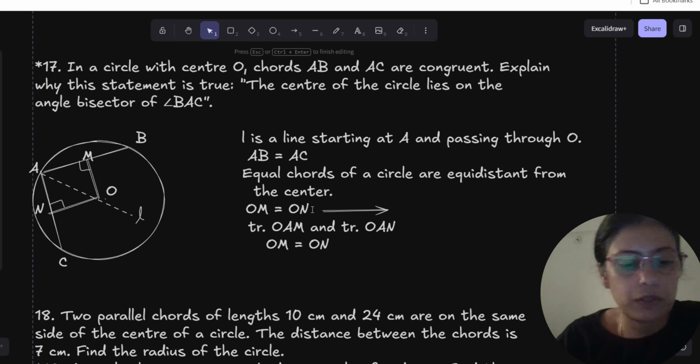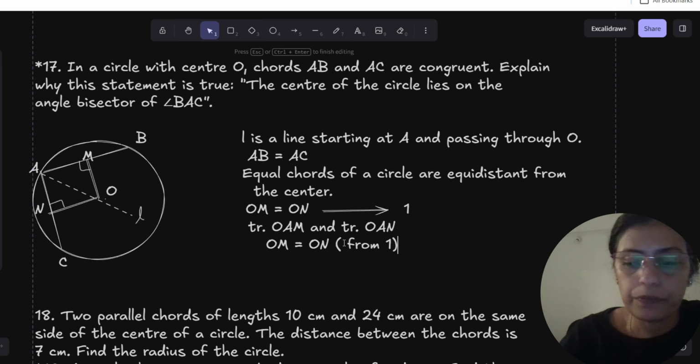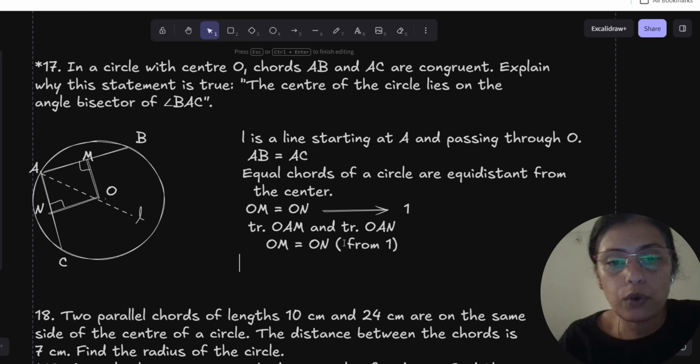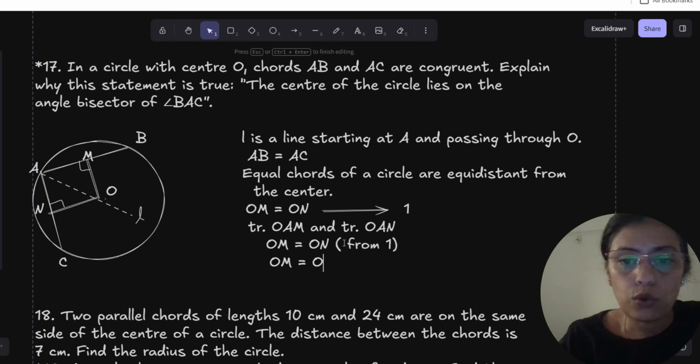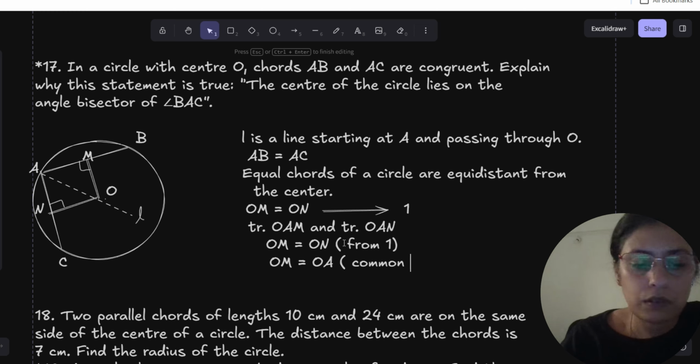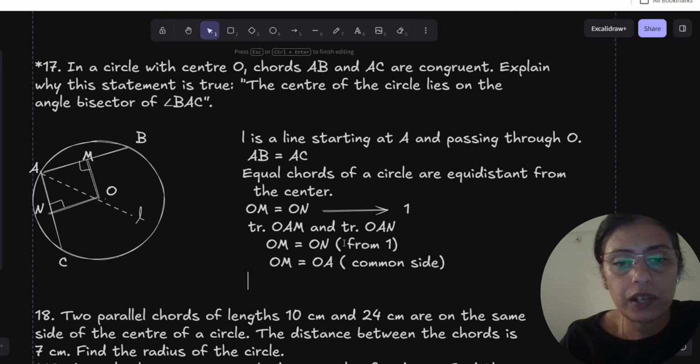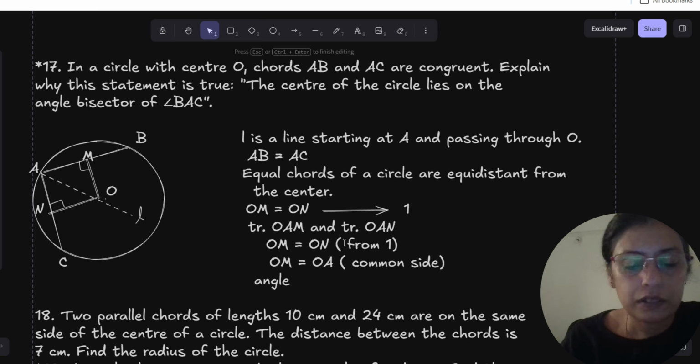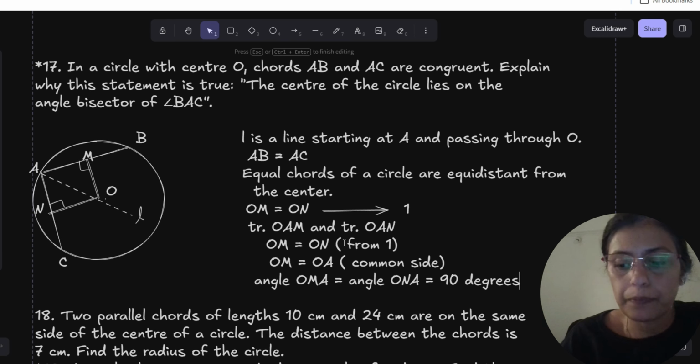Let's say this is 1. What else do I know about this? OA is the common side, so OA is equal to OA. And what else do I know? Angle OMA is equal to angle ONA, equal to 90 degrees.